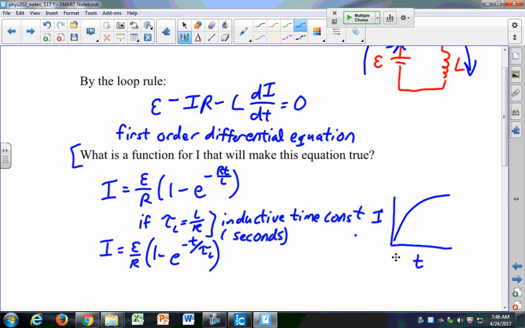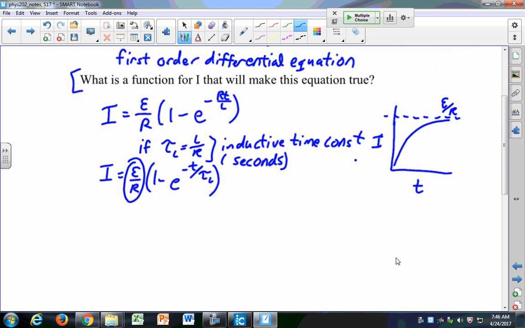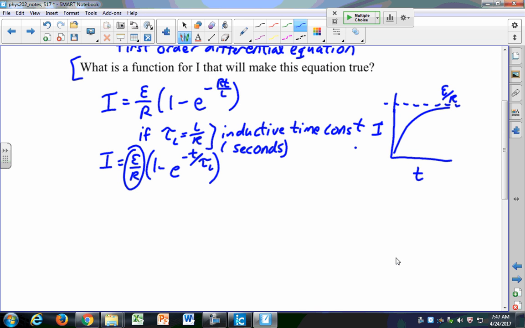That means it's going to look like this. It will approach asymptotically a certain current, and that current will be equal to this value, which is E over R, which is just from our Ohm's law, right? V is equal to IR, so my I is my EMF over the resistance. All right?